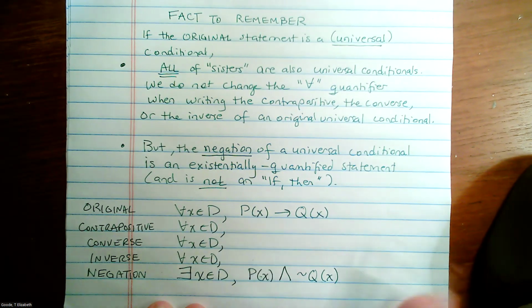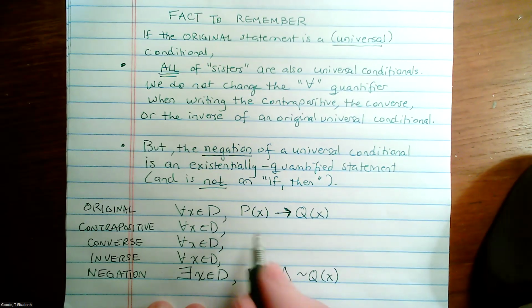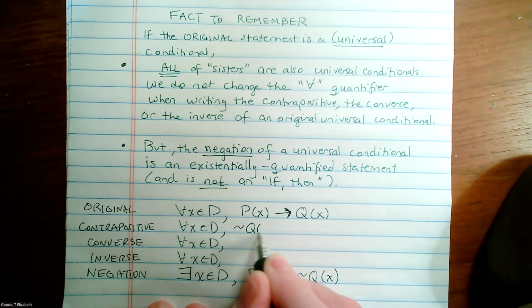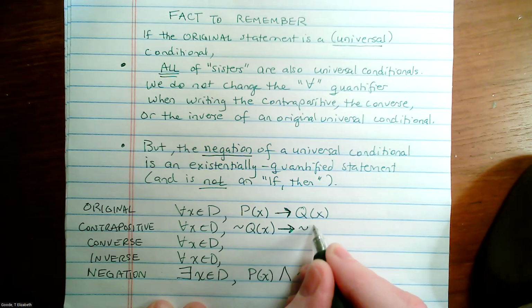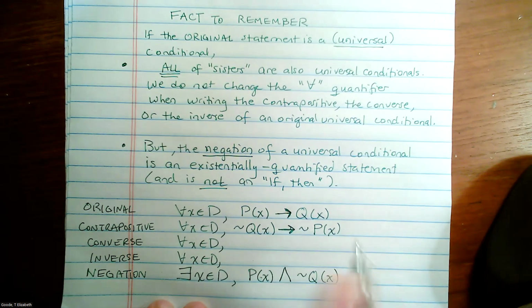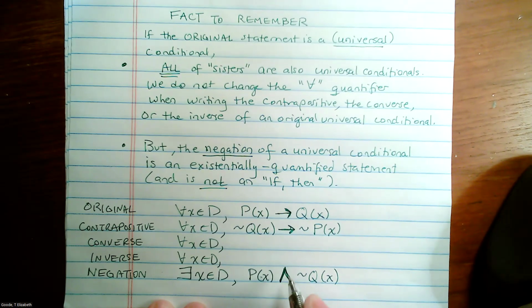It couldn't possibly be an if-then, because all if-thens are universal. So it gives you another way to attack that issue of remembering that the negation of an if-then is not an if-then, it's an and statement.